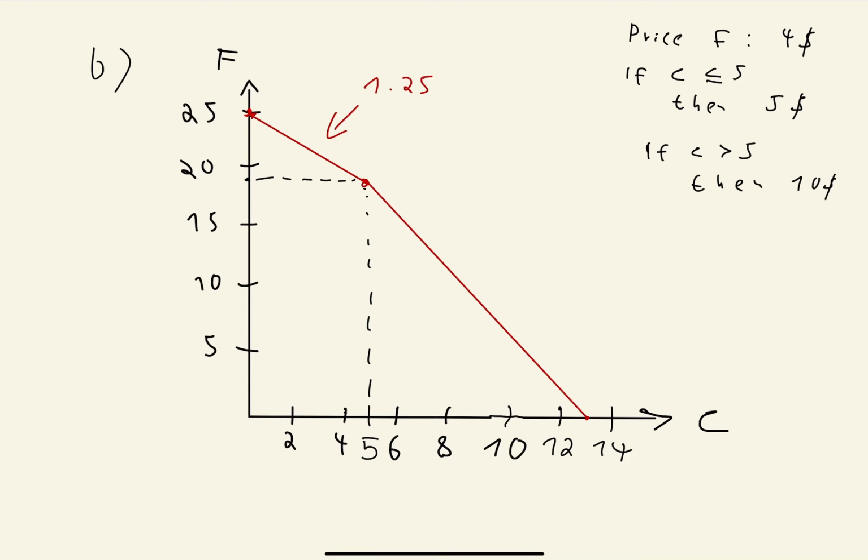So this is the relative price here, and the relative price here, where you are basically paying the full price for clothing, is then 2.5.